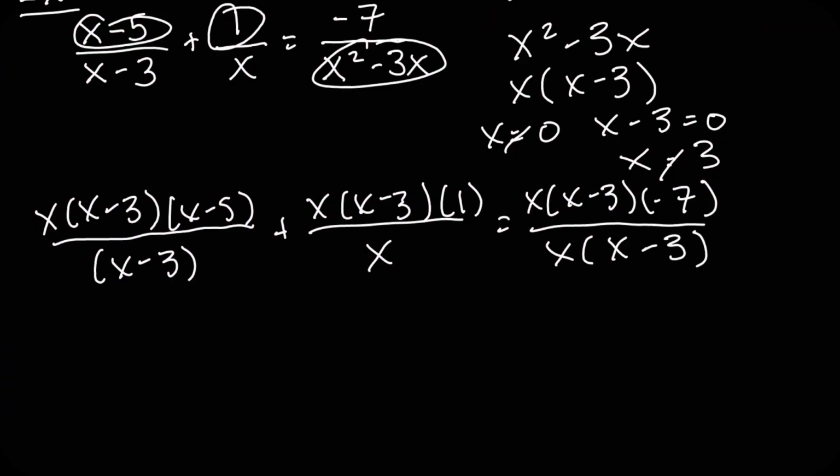So let's figure out what will cancel out here. The x minus 3's, the x's, and then the x minus 3's over here.